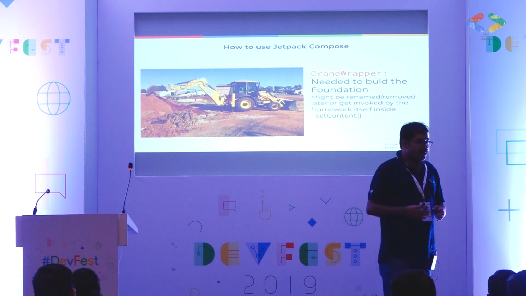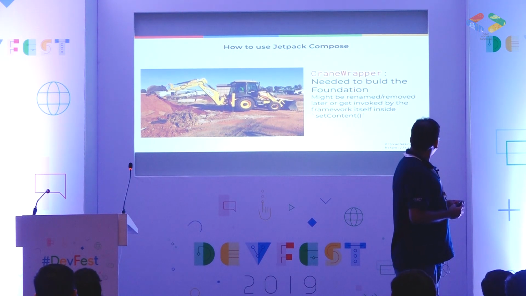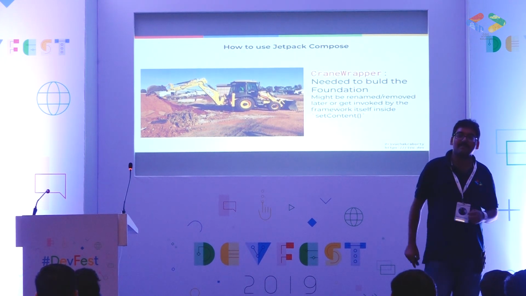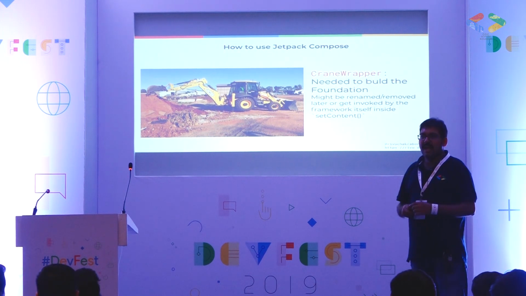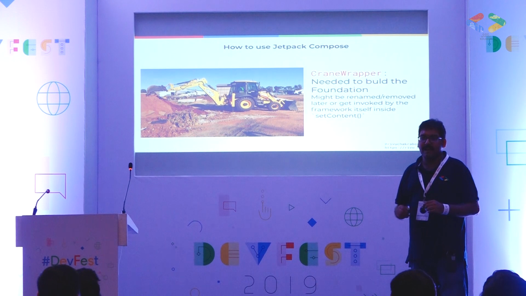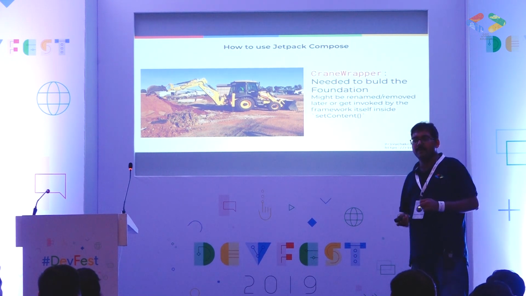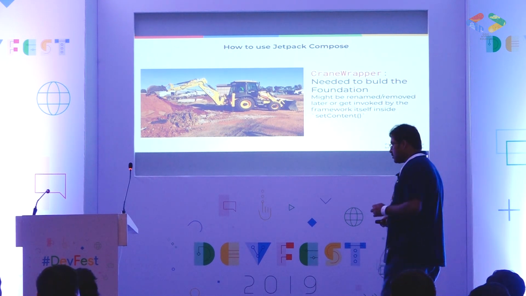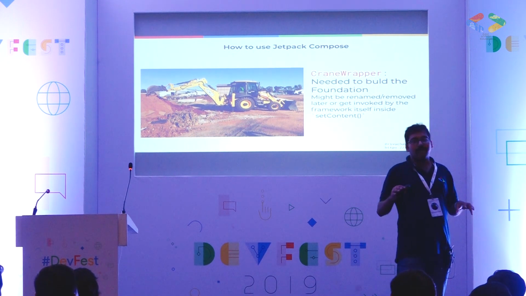So many people told me not to put text in the presentation, and I do believe that it's better not to put text in a presentation, but this one was necessary. So CraneWrapper was the first line inside setContent. Instead of setContentView, we'll call setContent with Jetpack Compose, because we are avoiding the word view to avoid confusion.